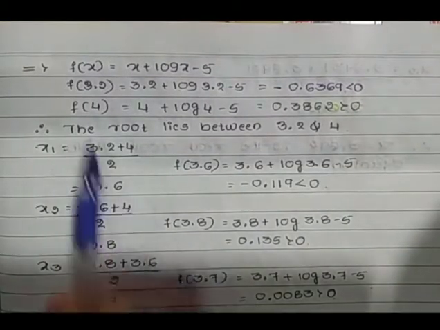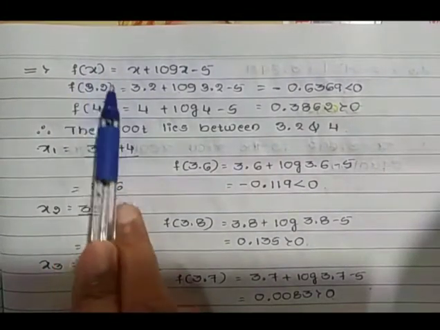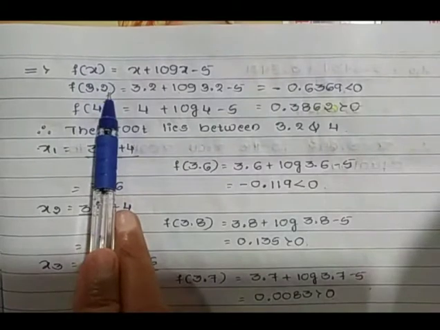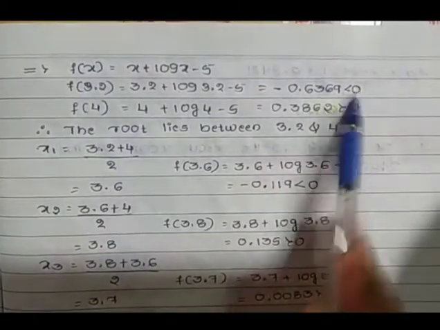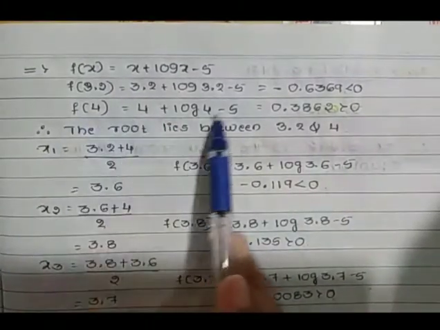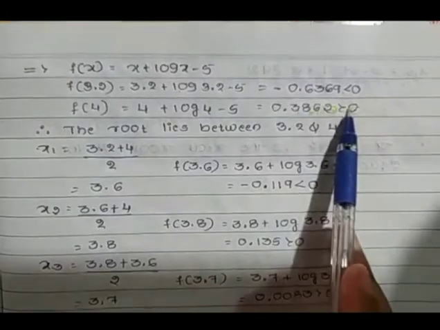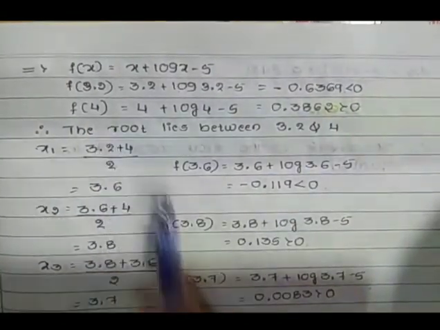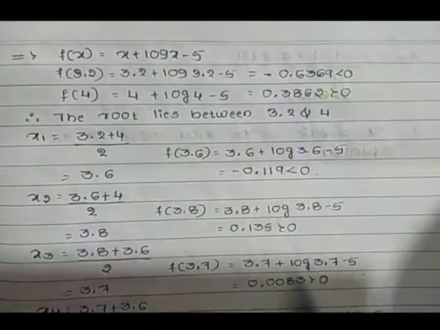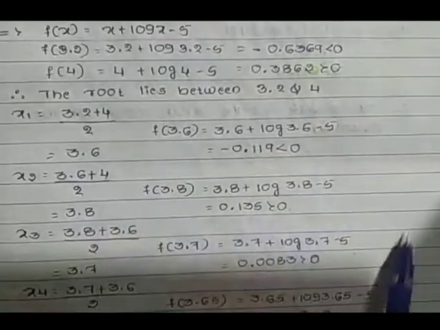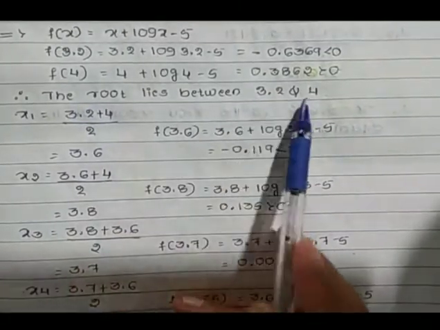You can observe here, this is the given function f of x, and first we are calculating f of 3.2. The answer is negative, therefore less than 0. Then f of 4, simplified, gives one positive value, which is greater than 0. Because we are getting one negative and one positive value, we can decide that the root lies between 3.2 and 4.